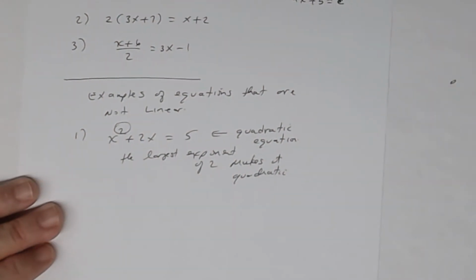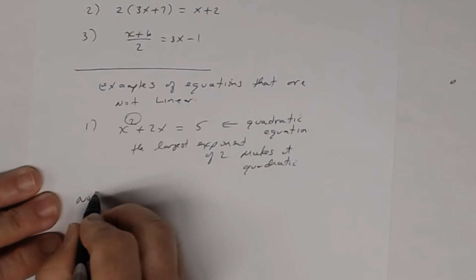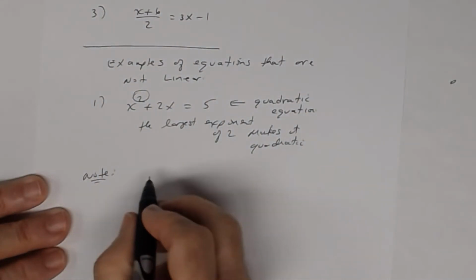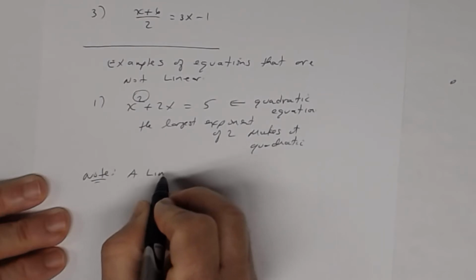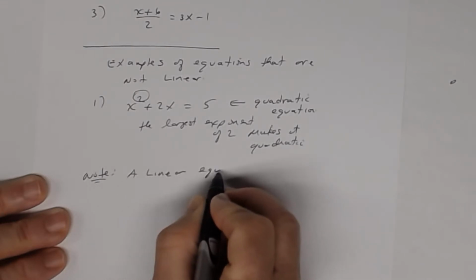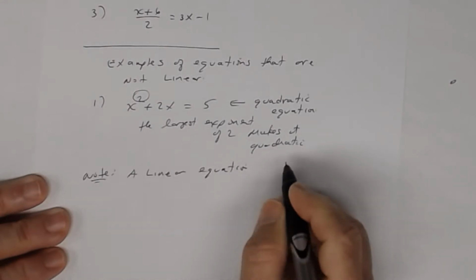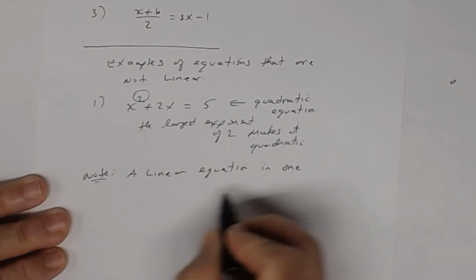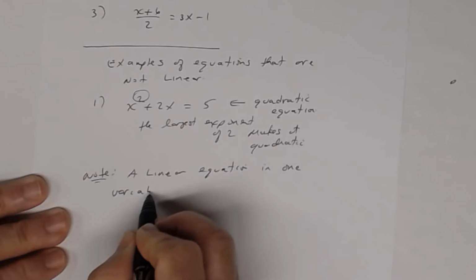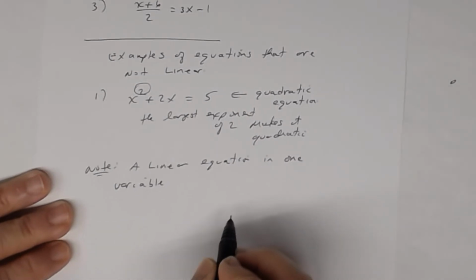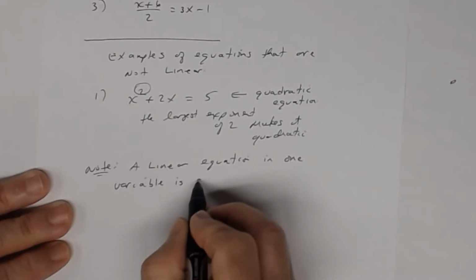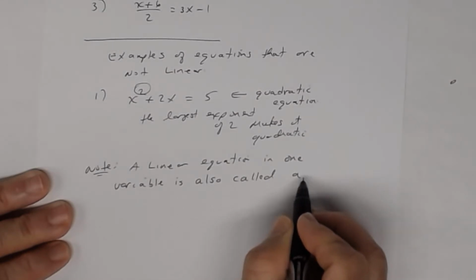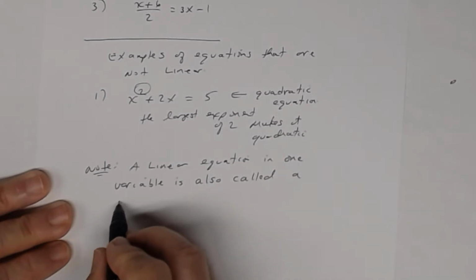So in particular, I just want to say this. I'm going to put a little note here, and I want to tell you that a linear equation in one variable is also called a first degree equation.